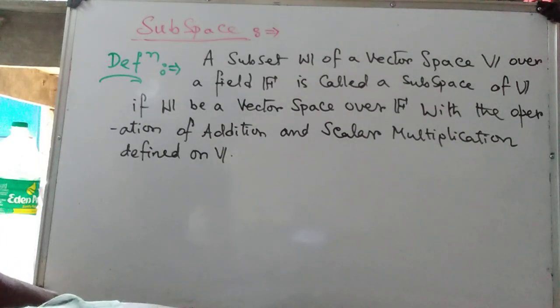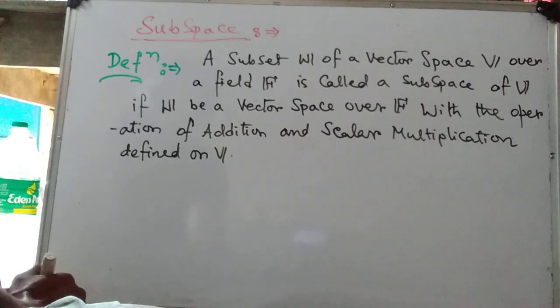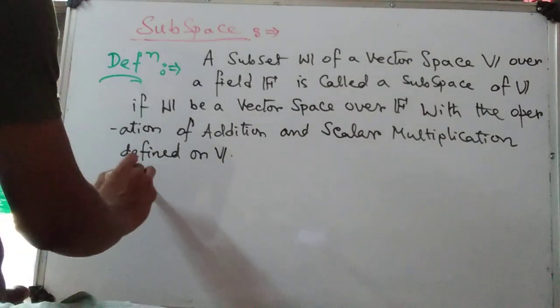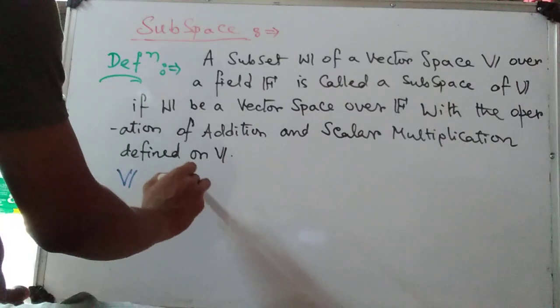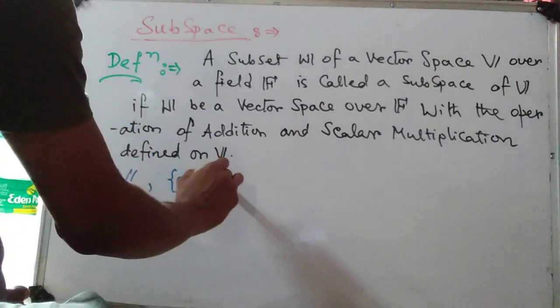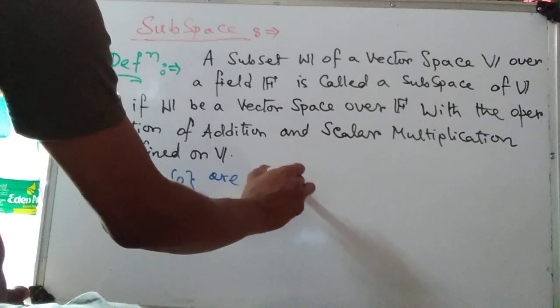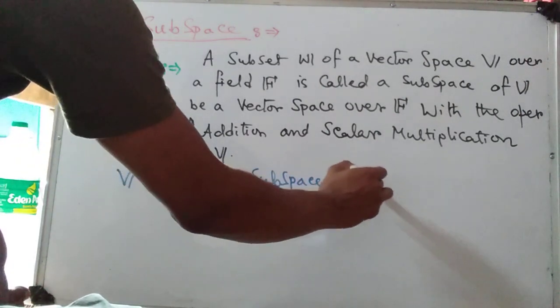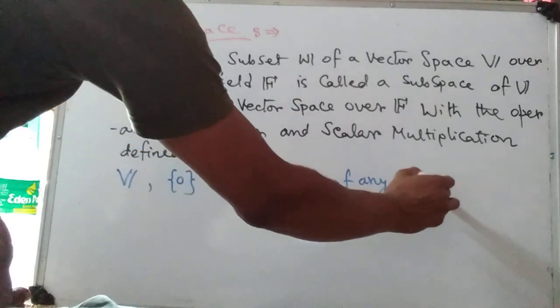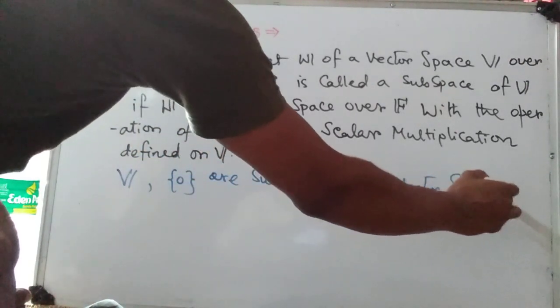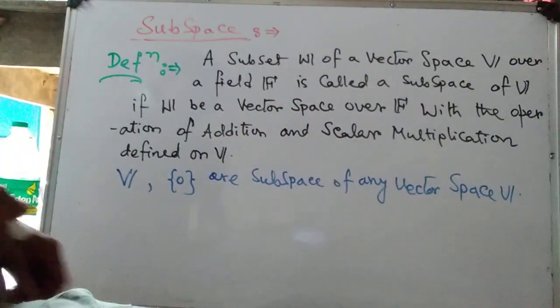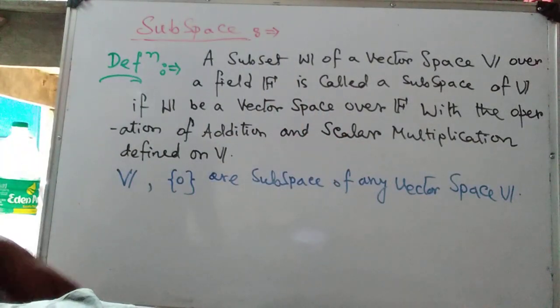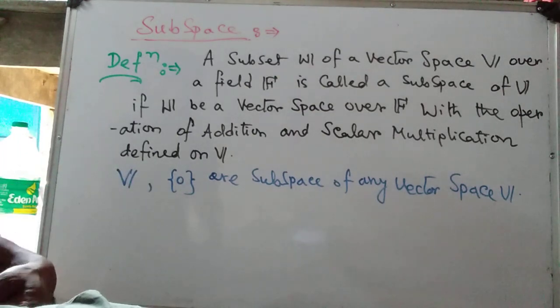Next, in any vector space V, V and 0 are subspaces of any vector space V. This one is called the zero subspace, and this one is the vector space itself.